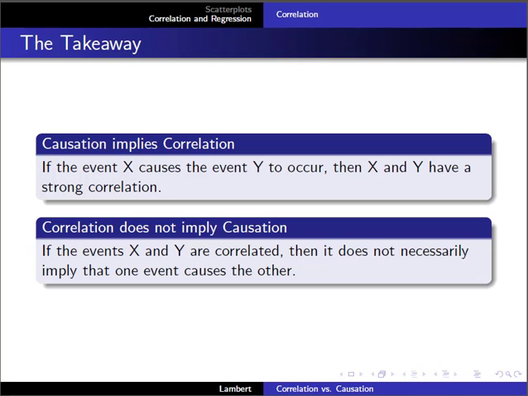That's a big mistake that occurs over and over again in many statistical studies, and I want you all to prevent yourselves from doing this. So if you have two events that are correlated, that does not, I repeat, it does not necessarily imply that one event causes the other. Keep that in mind when running statistical studies, as this is the important concept. Correlation does not imply causation.